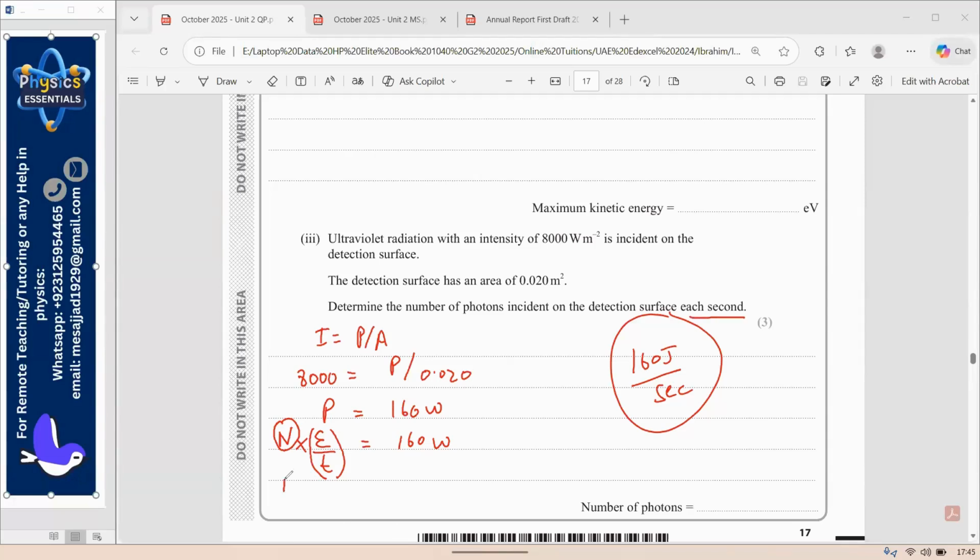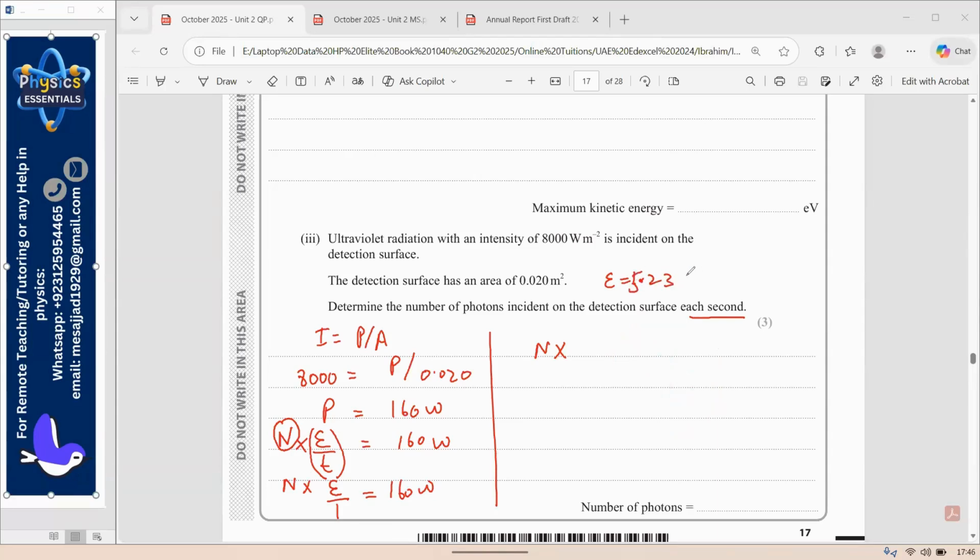And what I'm going to write: n times energy divided by 1 equals 160 watt. Now what is the energy? You already calculated that in the previous part, and that energy is 5.23 into 10 raised to the power minus 19 joule, from the B part, I believe.